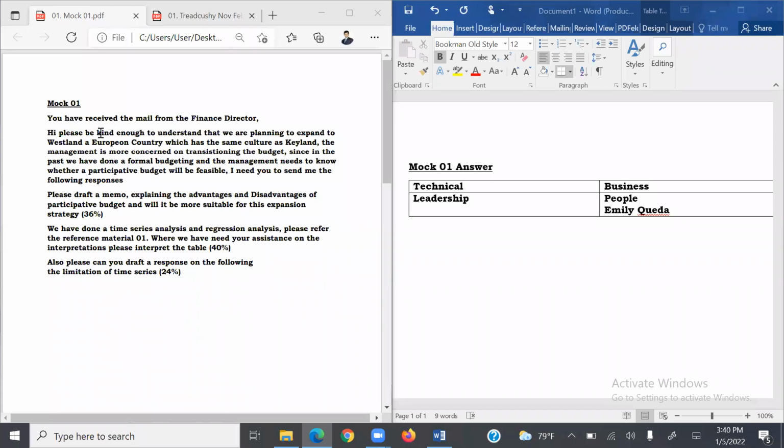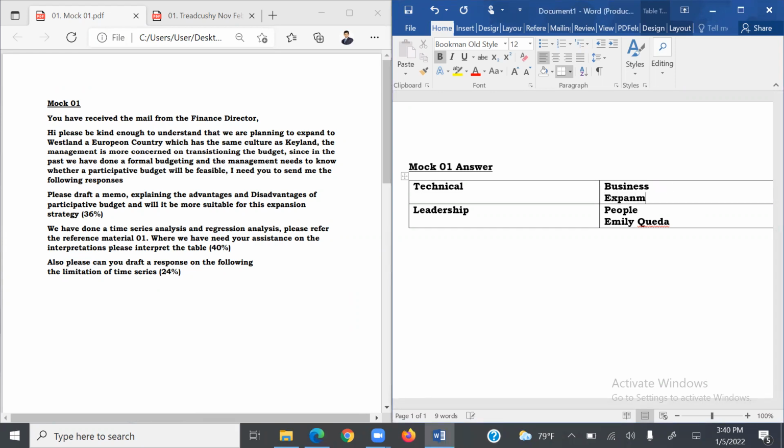So the mail says, hi, please be kind enough to understand that we are planning to expand to Westland, a European country. Get that point of view, students? The business proposal is expansion. So the business proposal here is what, students? Expansion to Westland. So your answers are becoming very much connected to the framework. They are saying a European country which has the same culture as Kalen.